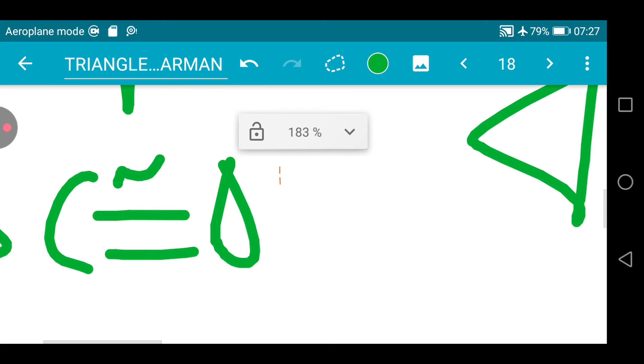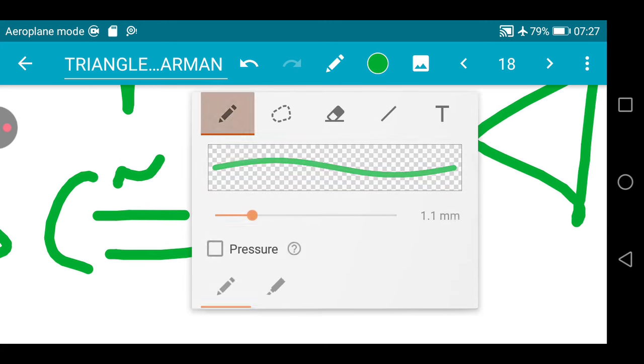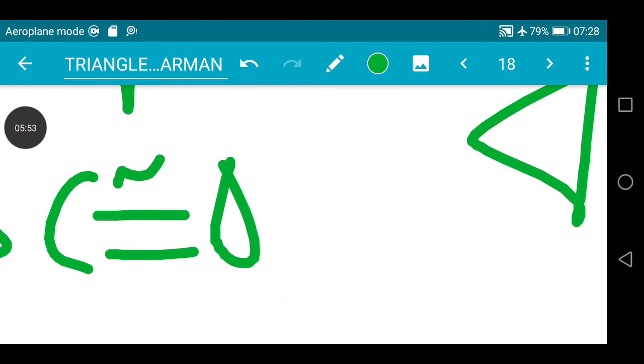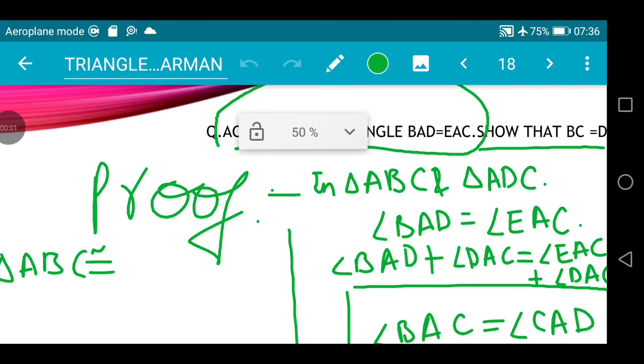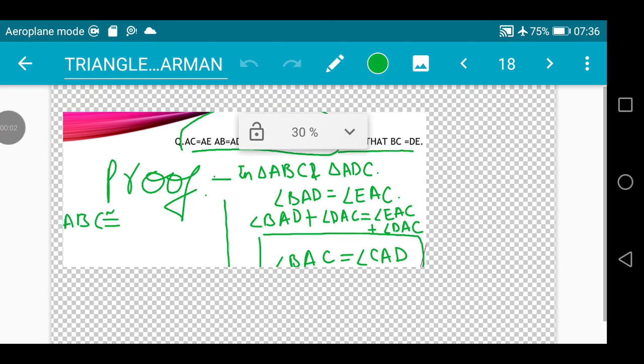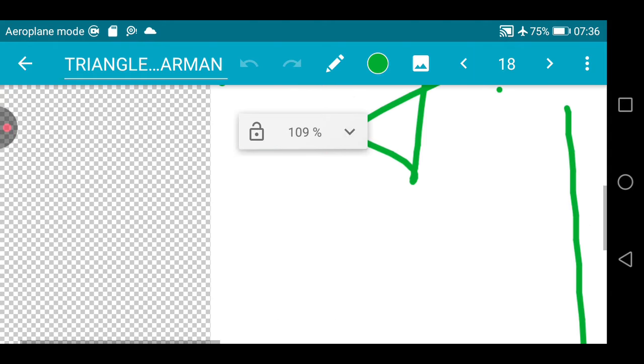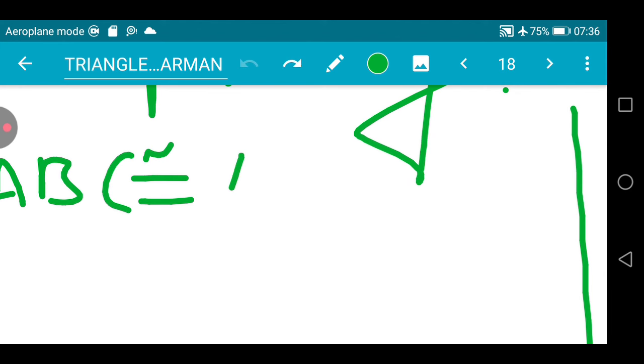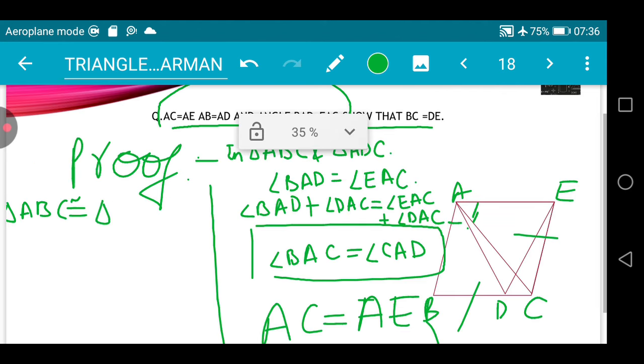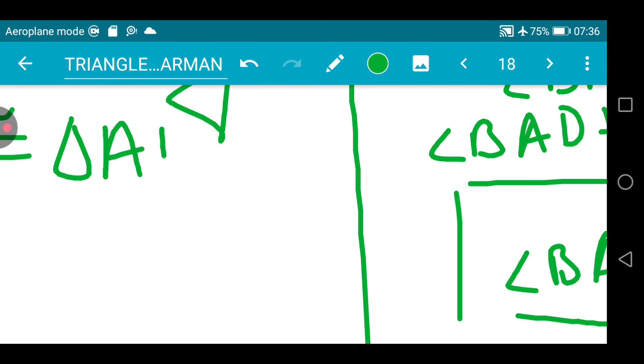So what we are proving, triangle ABC is congruent to triangle ADE.